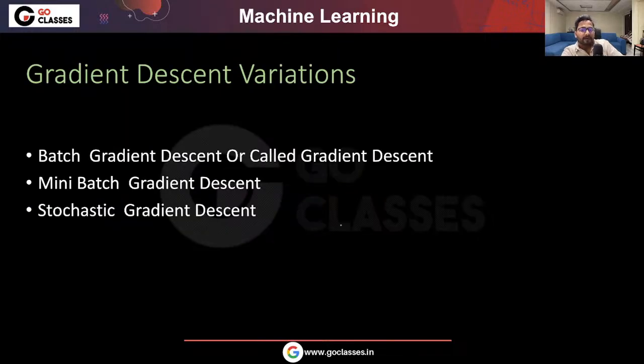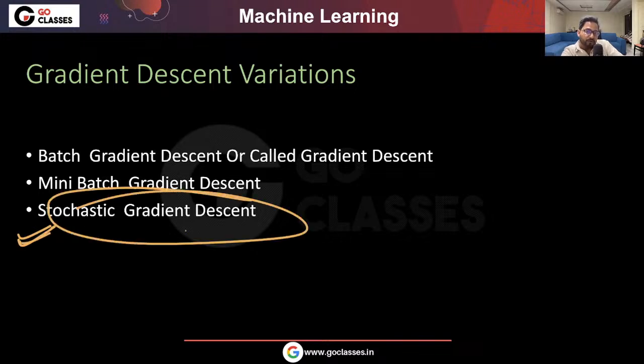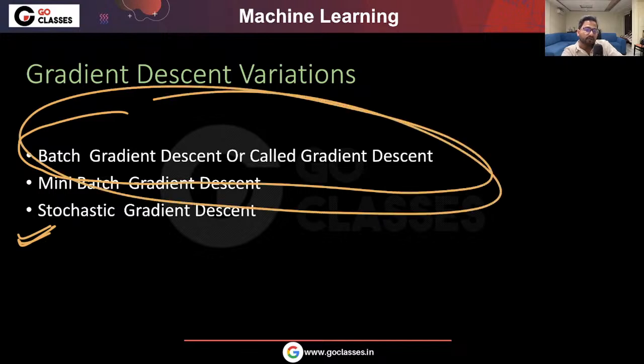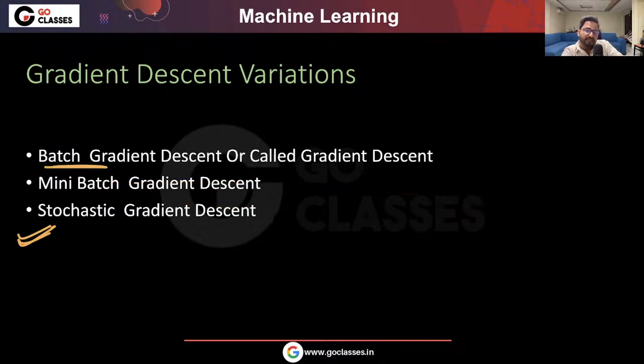So stochastic gradient descent is one of the ways. If you're taking the whole batch, it is called batch gradient descent, or just gradient descent. Generally people call it batch gradient descent.